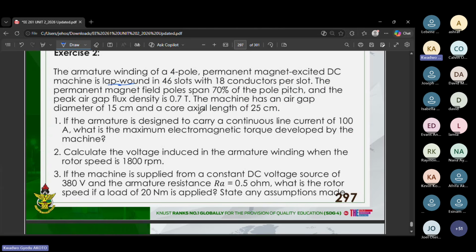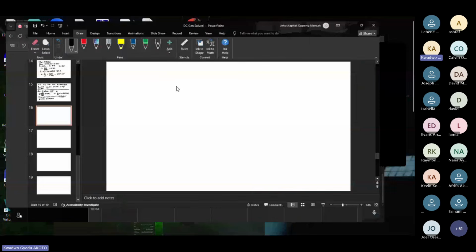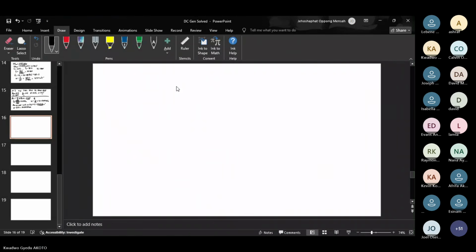So we are looking for torque at armature current 100 amps, right? All right. So we know that our torque T_E is some constant, let's say K_T, times our phi p, which we just found, times I_A, right?